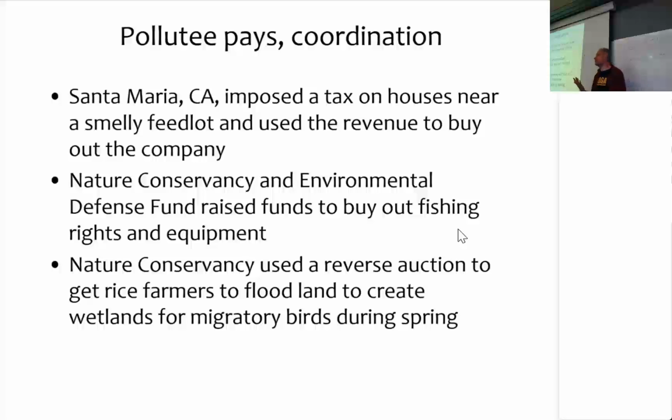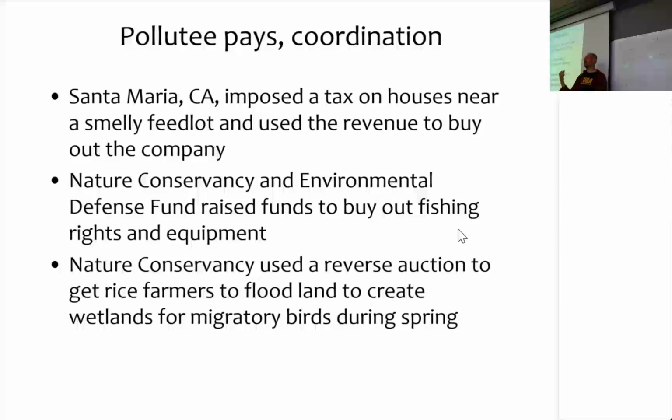It's just convenient for the farmers, right? So what the Nature Conservancy did was they raised money from everybody who is concerned about migratory birds, and they used that money to pay rice farmers to keep their fields flooded through spring, so that birds have some place to forage, right? For the farmers, it's not a big deal because they're not growing anything on these lands anyway. So that is one thing.